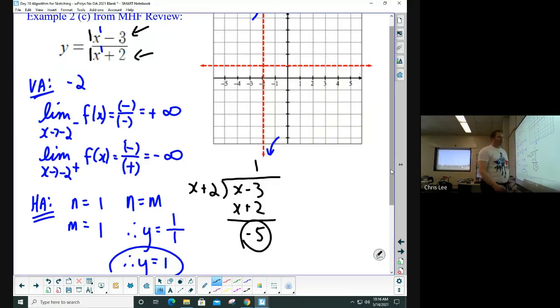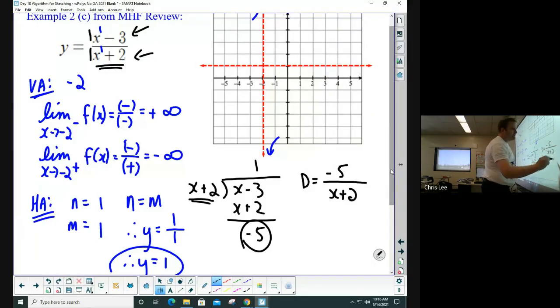because that is the top of our directrix, and the bottom is the same as what's on the bottom of our original. And so now we have this directrix. Just as a little curiosity here, the answer right here is actually the horizontal asymptote.